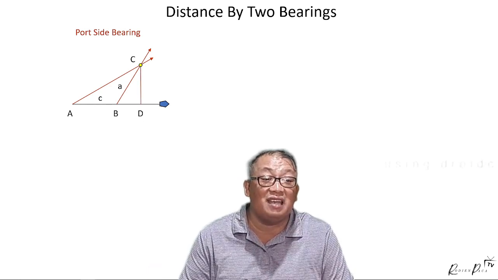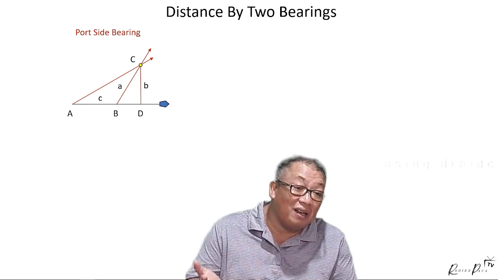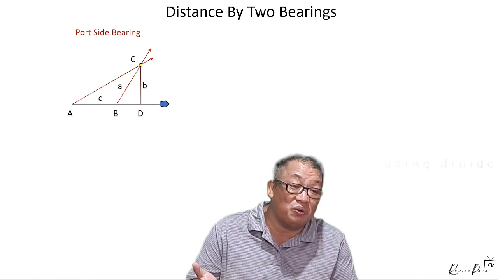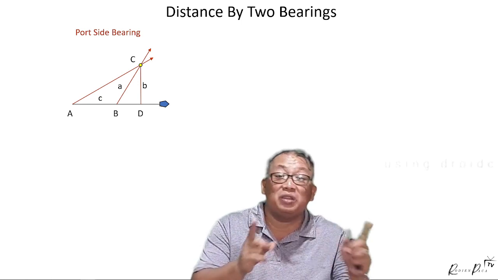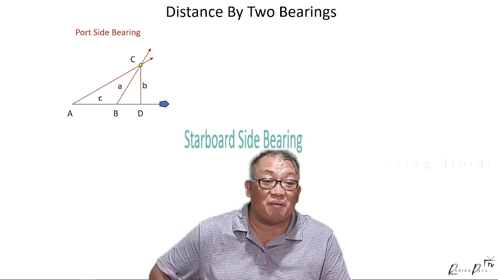The DC is the distance abeam, basic. This is just the same as what I have shown to you. Now they are putting names like alphabets for us to remember.